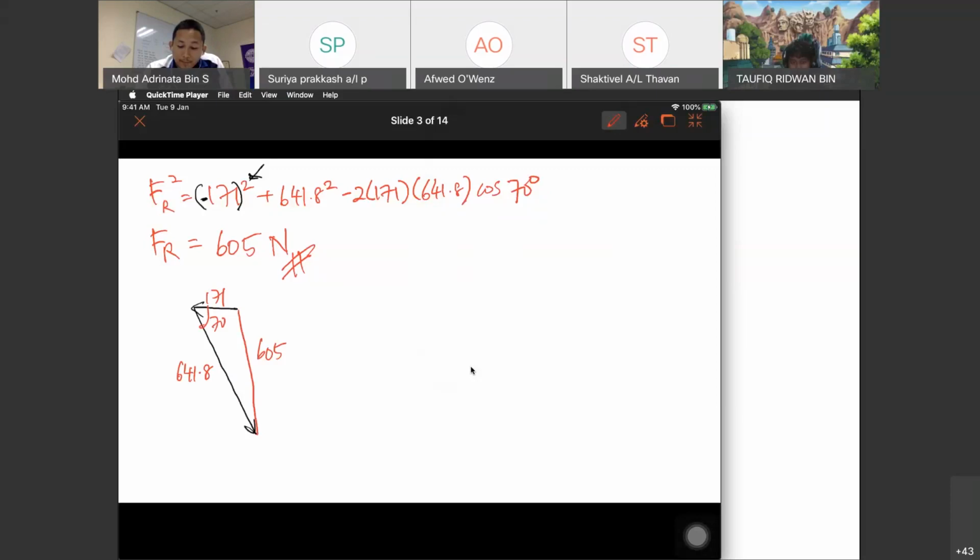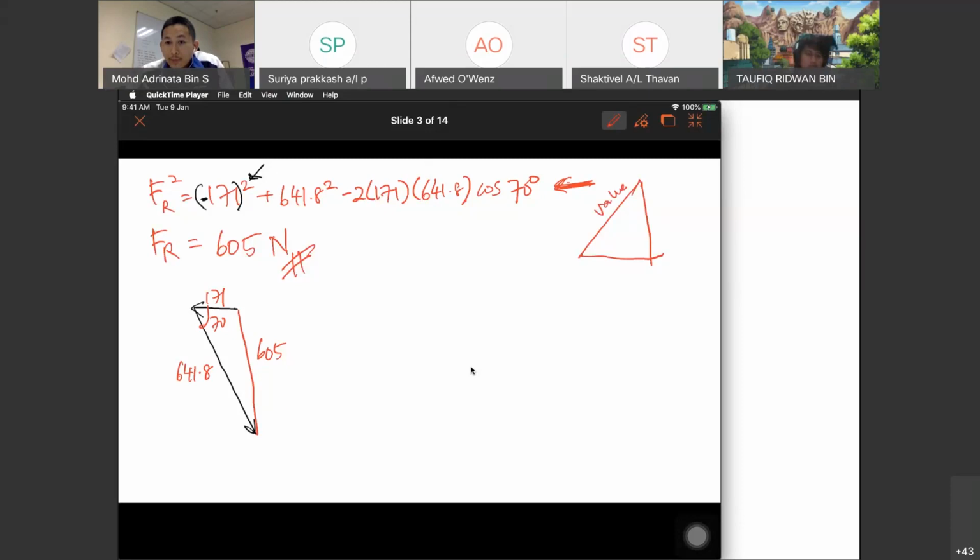Actually, for this one, okay, for the cosine law, it is about the triangle. Okay, so in the cosine law, you just need to put the value.